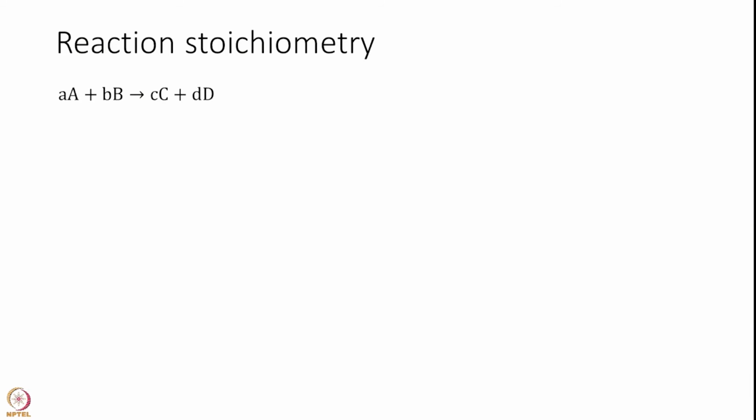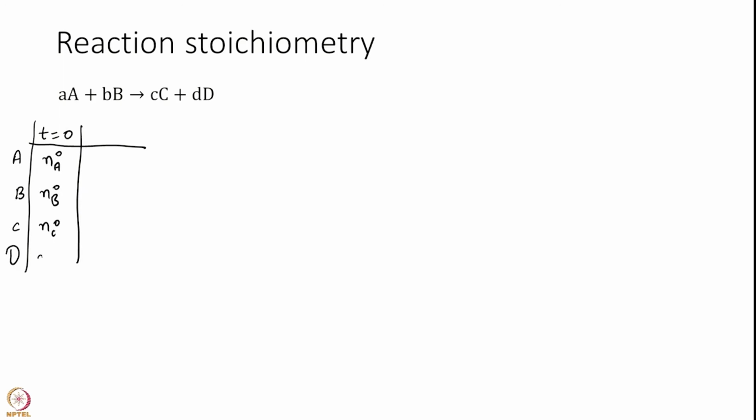Let us try to quantify what this means. So, let us just consider one thing. Let us say at time t equal to 0, I have moles Na naught, Nb naught, Nc naught and Nd naught in general.